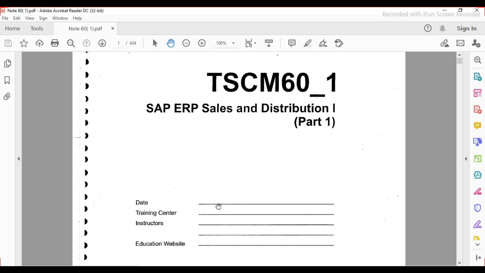And then finally, the third part will be the interview questions. What are the possible interview questions, the important questions that you can face during your interview based on each unit. For example, for enterprise structure, what are the important questions you can face in the interview. Then we have the sales process, then master data, and we will upload these one by one.